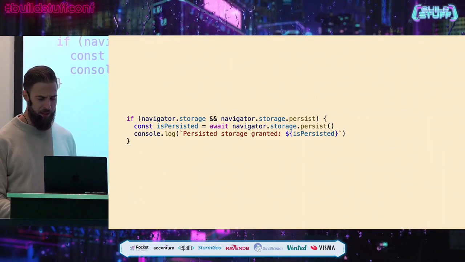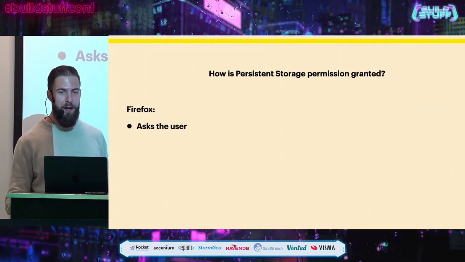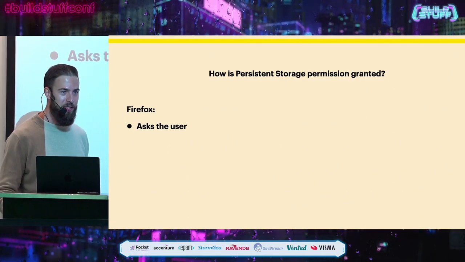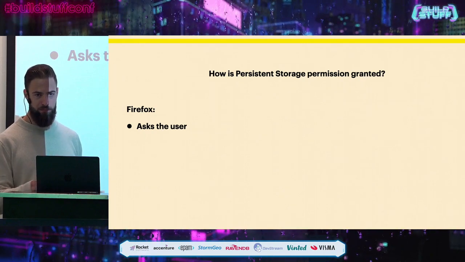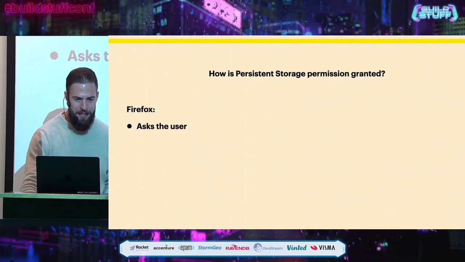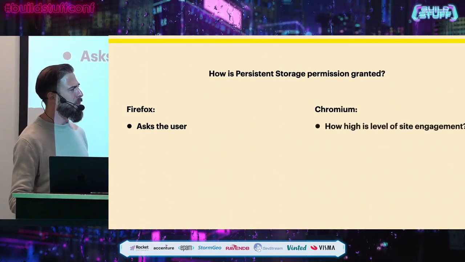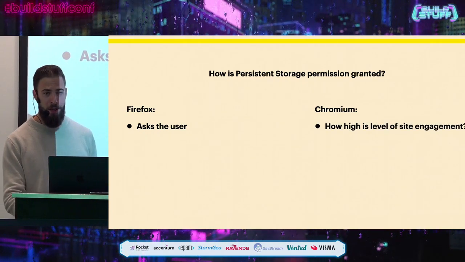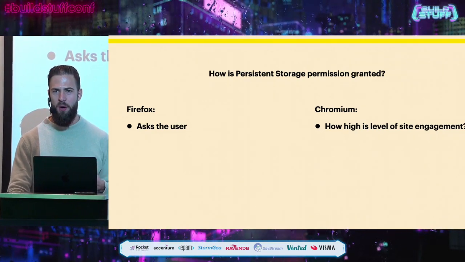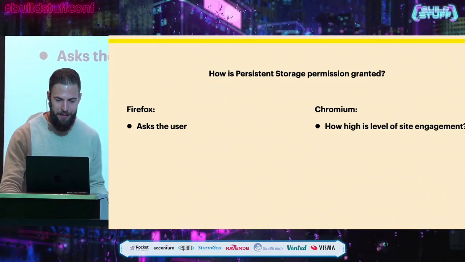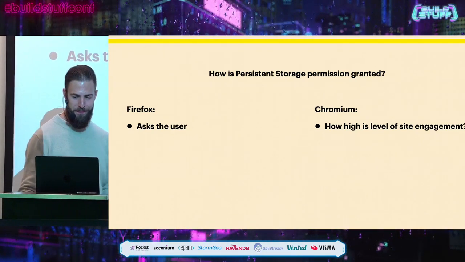Now, how is the permission granted? Well, in Firefox, it's quite easy. It just asks the user, and the user has to say allow or don't allow. But for Chromium, it gets a little bit complicated because it will not ask the user. Instead, it will take a look at how high is the level of site engagement, how much has the user interacted with your site, right?